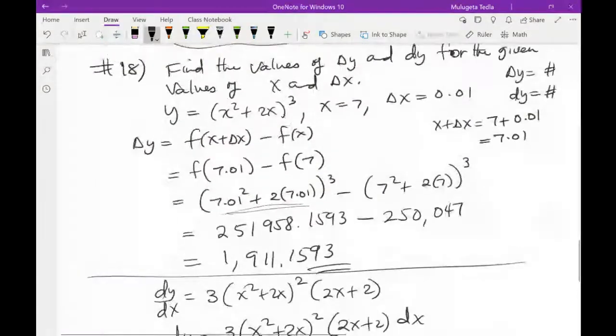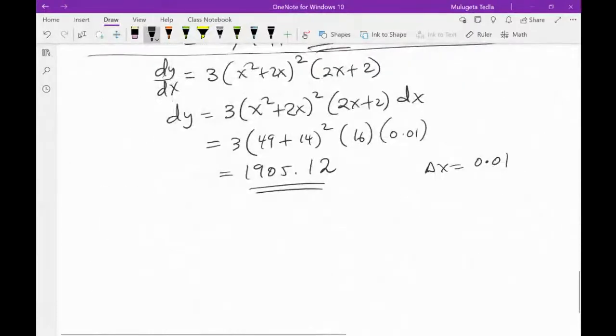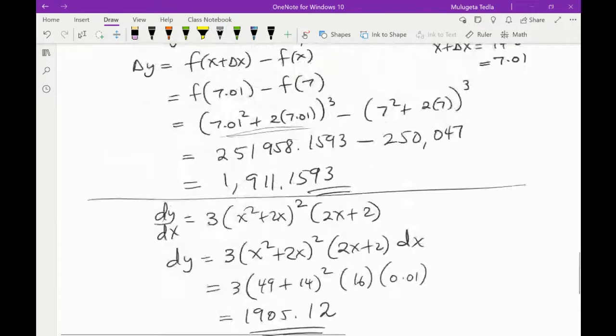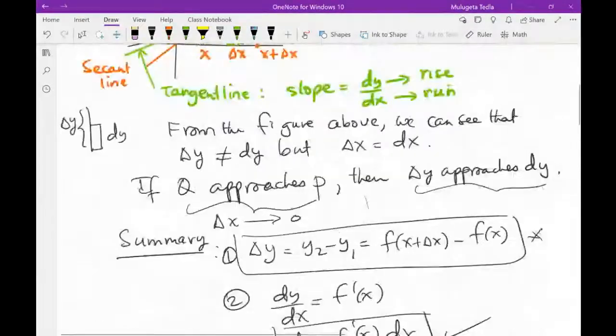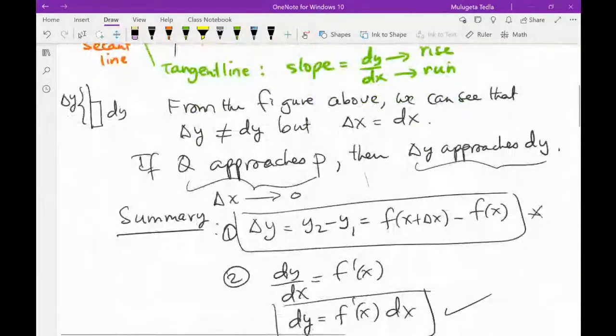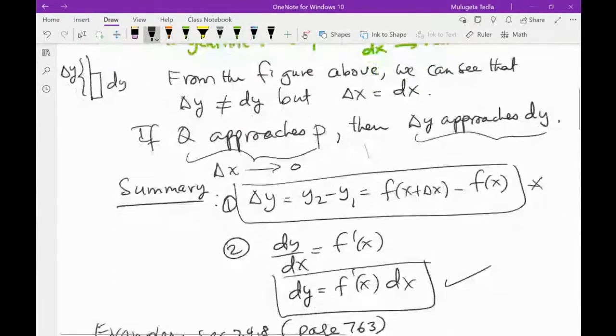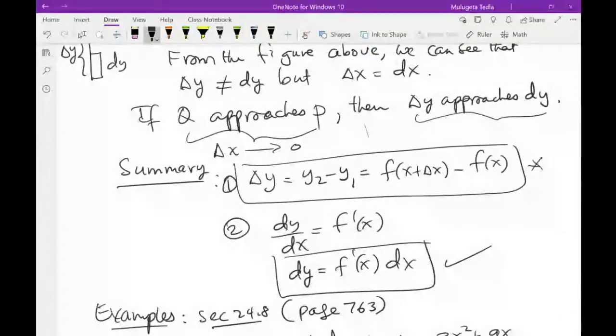I tell you, delta x was 0.01, was it? Yeah. If we had delta x to be 0.000001, then these values might be so much closer to each other. Hopefully, you understand what I mean. Because in our analysis, we say that delta x and dx, delta y and dy are almost the same if delta x is almost 0.